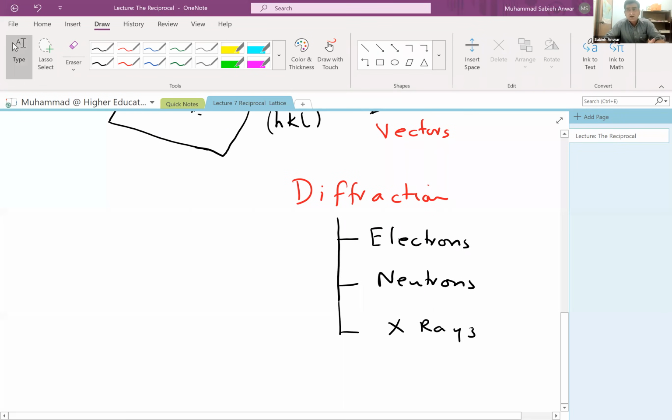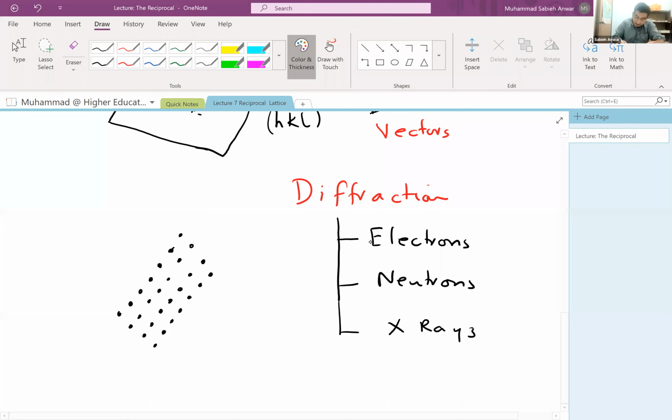Just to give you a further motivation, suppose I have a single crystal, and I'll talk about single crystal and polycrystalline materials later on. If I look at the atoms inside the crystal, they all lie on planes. So here I'm doing a cutaway of a crystal, and these black dots now represent atoms, real atoms, not just lattice points.